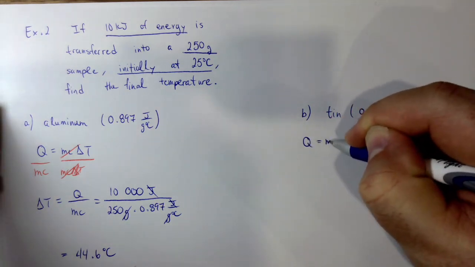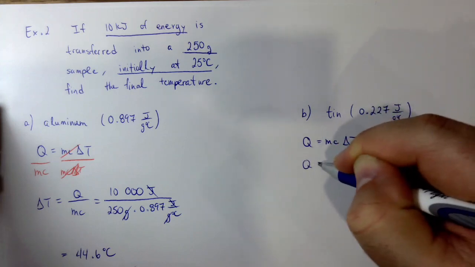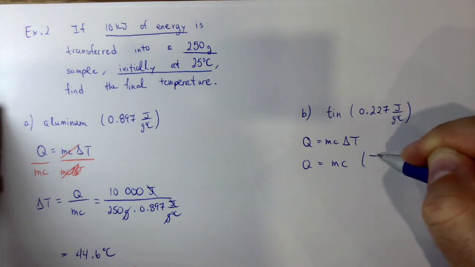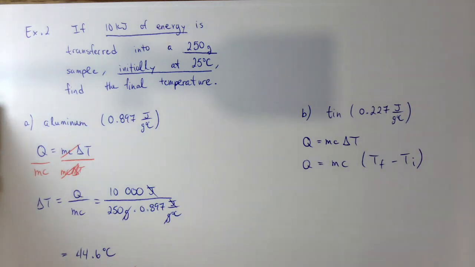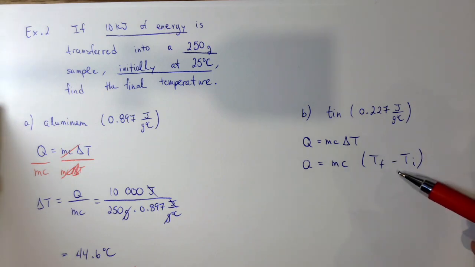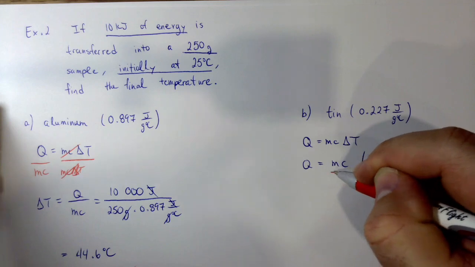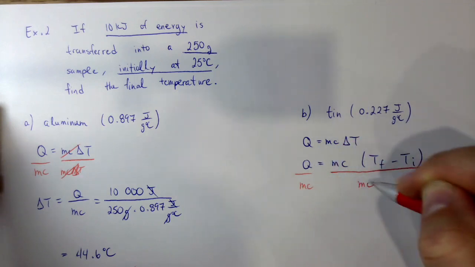All right, this time I'm going to stretch out the algebra a little bit. Instead of just solving for delta T, I put in TF minus TI. Algebraically, first thing I'm going to do is divide both sides by mc.